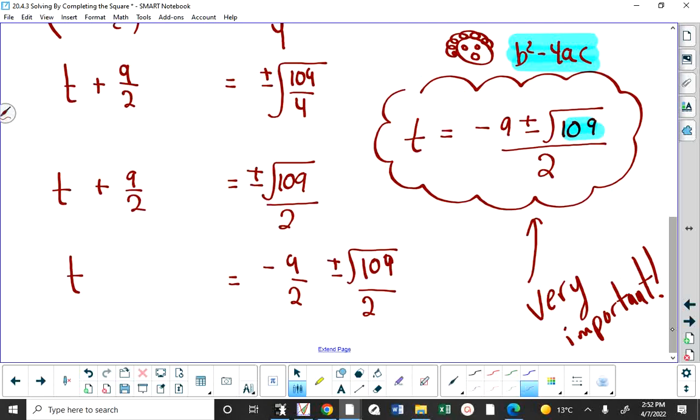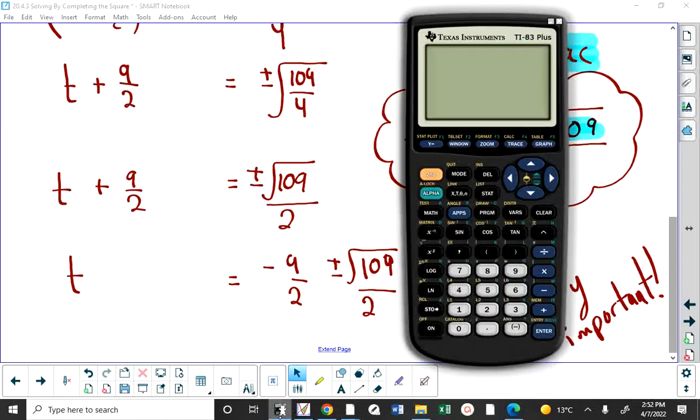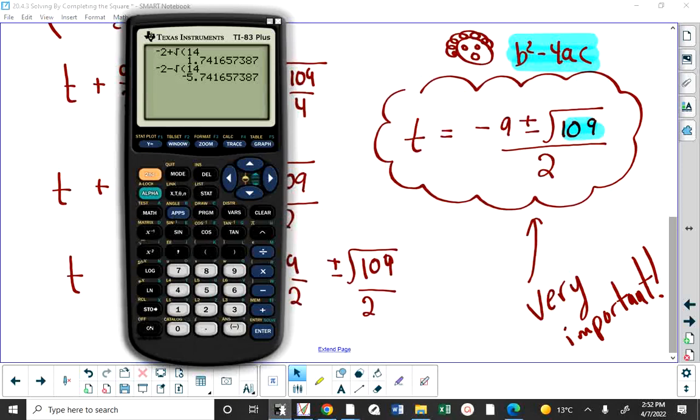But it's not a coincidence that that's b squared minus 4ac. So what are our answers? Our answers are, and we can calculate them, negative 9, watch how I calculate this. Negative 9 plus the square root of 109 divided by 2. There's one of our answers. If I want to do it in one shot, then I would have to say bracket negative 9 plus root 109 bracket divided by 2.